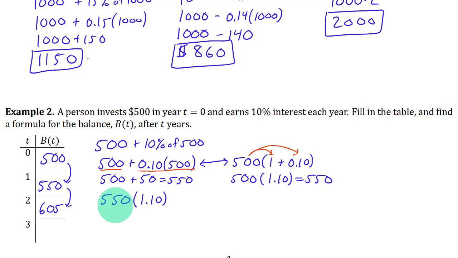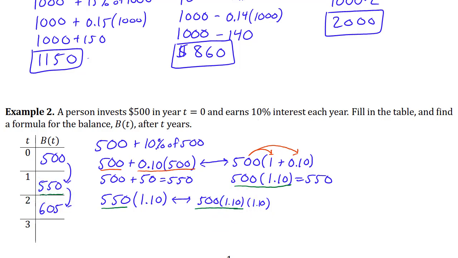But there's another way to see this too. The 550 we have here, we know that 550 is 500 times 1.10. So what if we think of this another way as 500 times 1.10 and then times this other 1.10. So the 500 times 1.10, that's the amount in year 1 here.